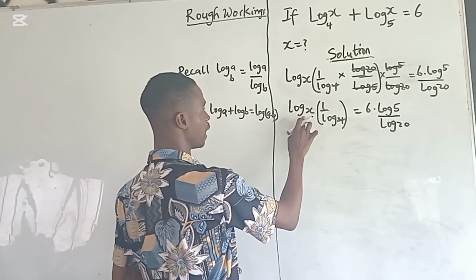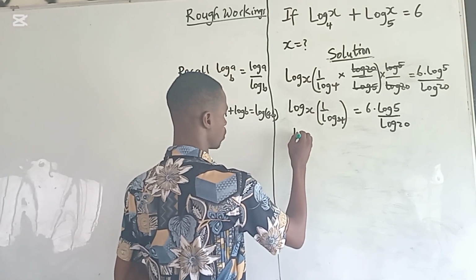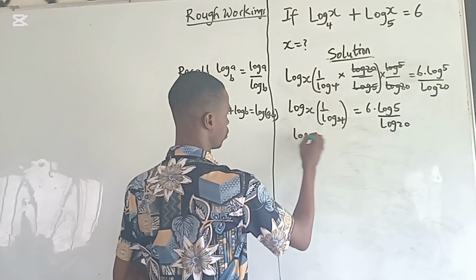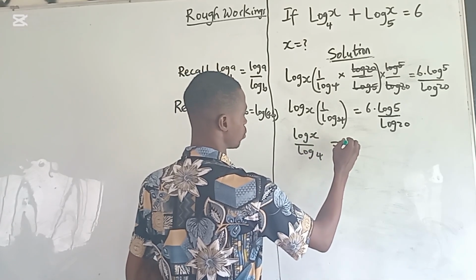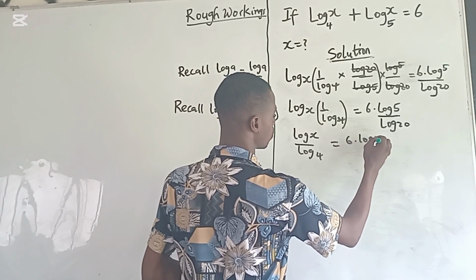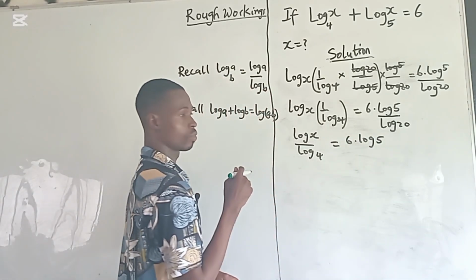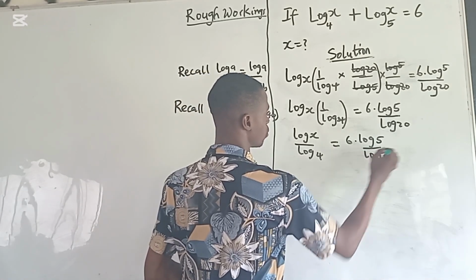This log x is multiplying this one, so we will now have log x over log 4 is equals to 6 dot log 5 all over log 20.